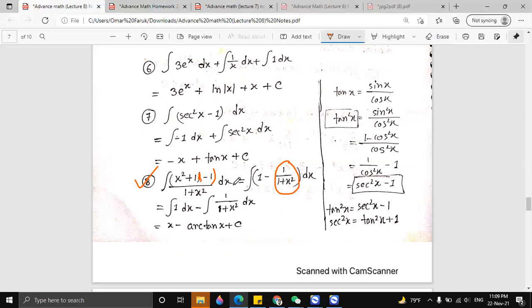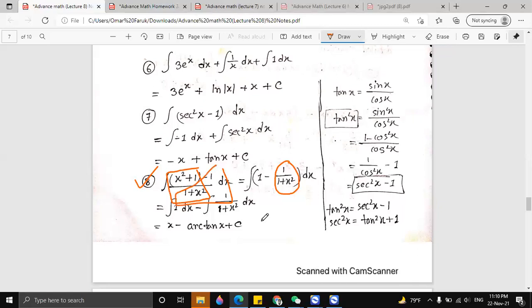Okay. So now the thing is like x square plus 1 and minus 1. So you can just cancel this plus 1 and minus 1. And then what do I do? Then I just divide this part and this part.